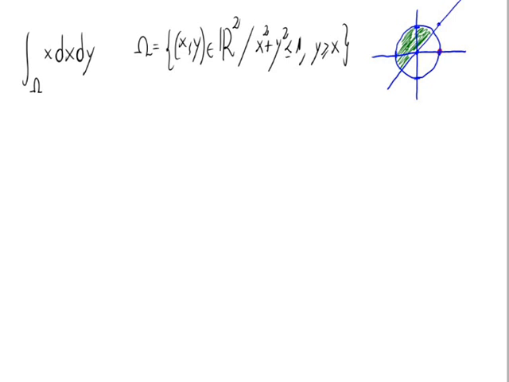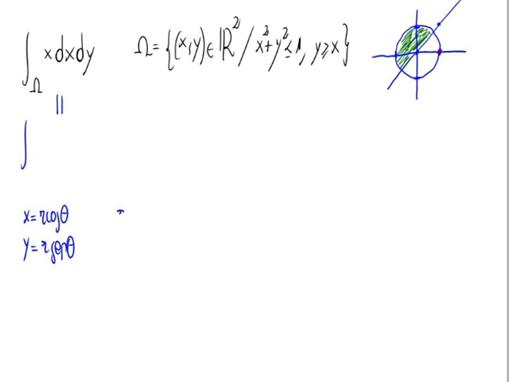And for doing this, we will express the circumference in polar coordinates, because it is going to be much easier doing it this way. So the polar coordinates are x equal to r times the cosine of theta, and y equal to r, the radius, times the sine of theta.